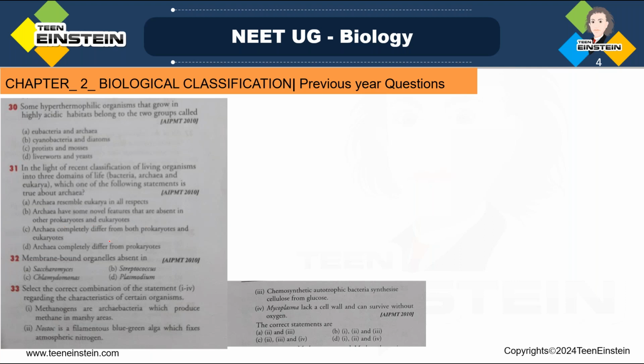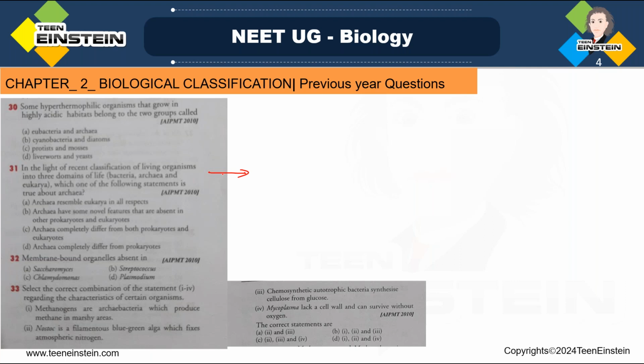Third: archaea completely differ from both prokaryotes and eukaryotes. And the fourth option: archaea completely differ from prokaryotes. Among these four statements, which is true about archaea? That's the question.